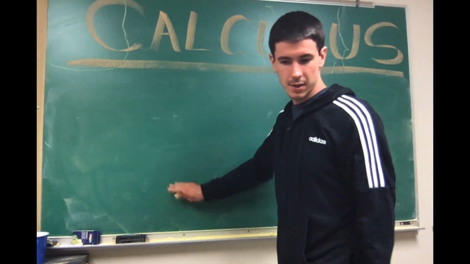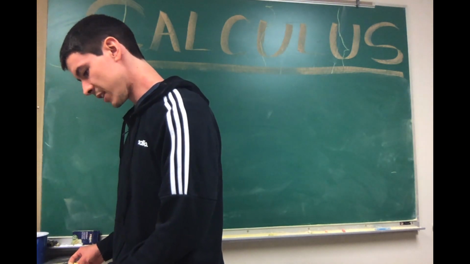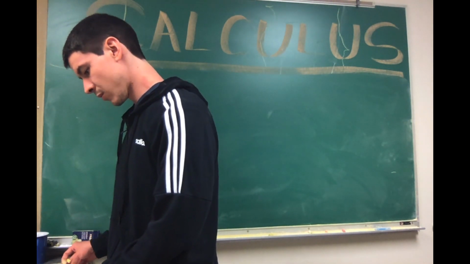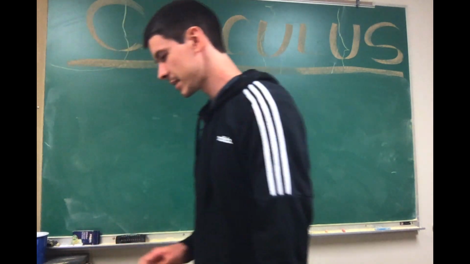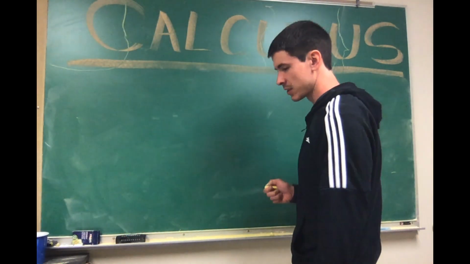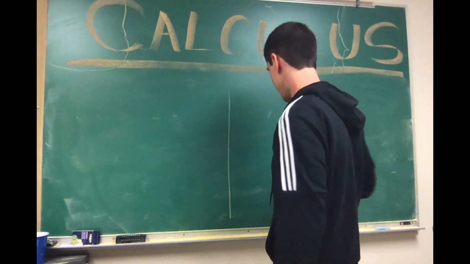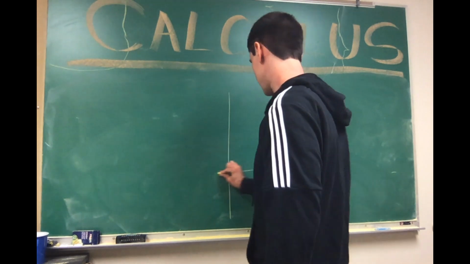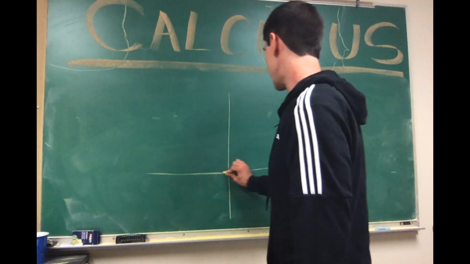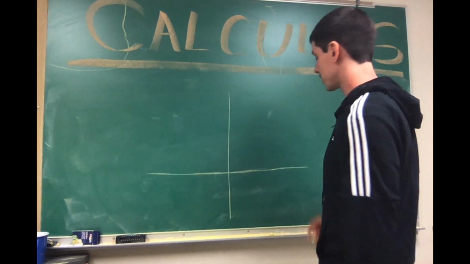So, for example, the next example I wanted to give you was 1 over x. So 1 over x is going to introduce a little nuance to our considerations that will be important.